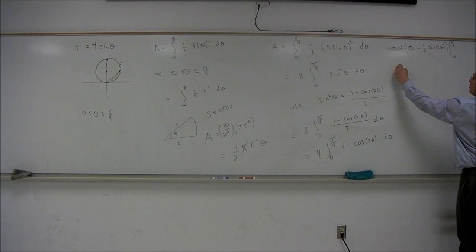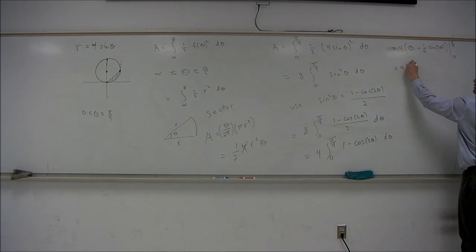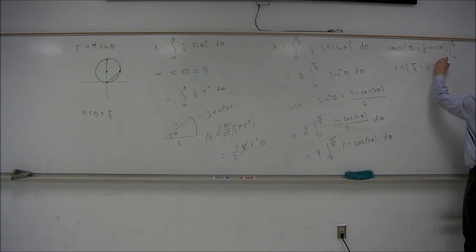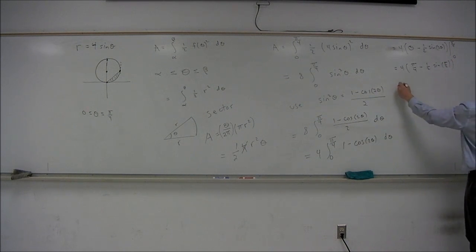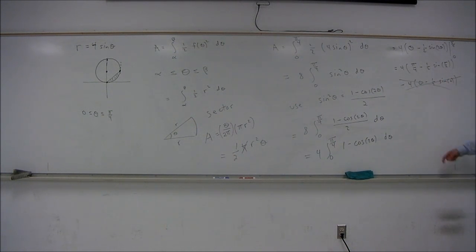So this is going to equal 4 times, when we plug in pi over 4, we get pi over 4 minus 1/2 times the sine of pi over 2. And then minus 4 times, plug in 0, and we get 0 minus 1/2 times the sine of 0. The sine of 0 is 0, so this one is going to completely disappear.